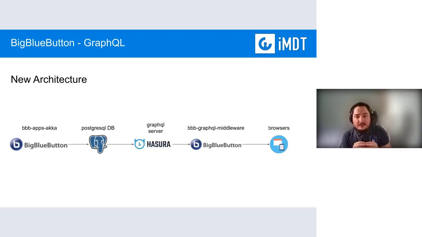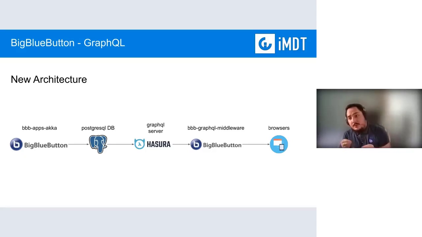In the example of a user being banned, we don't want this user to connect to Hasura, so the middleware blocks it. And all the tools we chose to use, like Akka, Postgres, GraphQL, Hasura, and the middleware that is written in Go, all the tools are scalable.